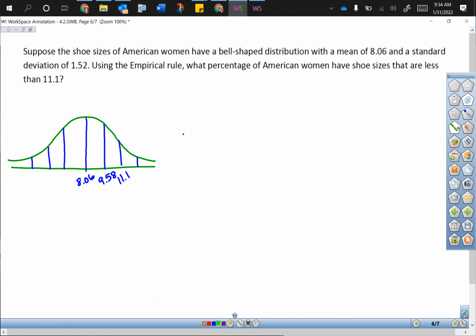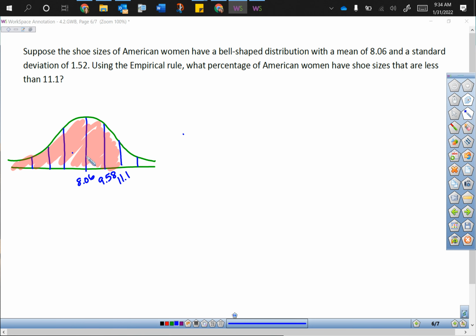But it says, what percentage of American women have shoe sizes that are less than 11.1? So I want to know what percentage is less than 11.1. I want to know what is all of this over here. So you have a couple of different options here. You could say, what is this plus this plus this plus this plus this plus this? That would work.